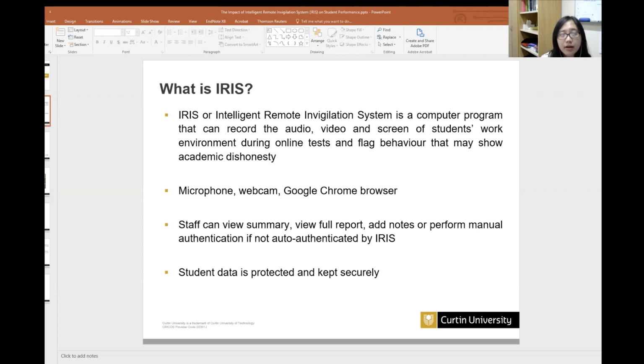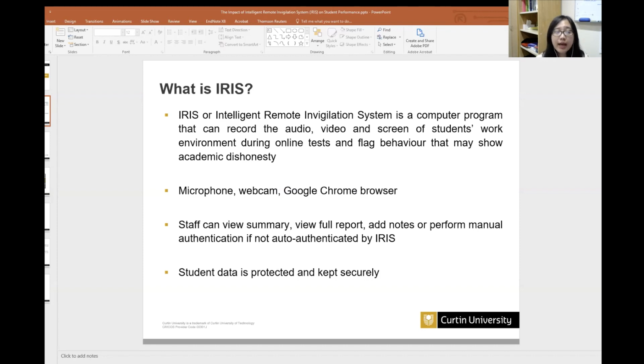ARIS analyses the recorded information and flags behavior that may indicate unusual behavior and potential academic dishonesty. As a part of the invigilation process, ARIS will take a screen capture of the student ID to ensure the person taking the test is the person that should be sitting it and reduce the risk of cheating.